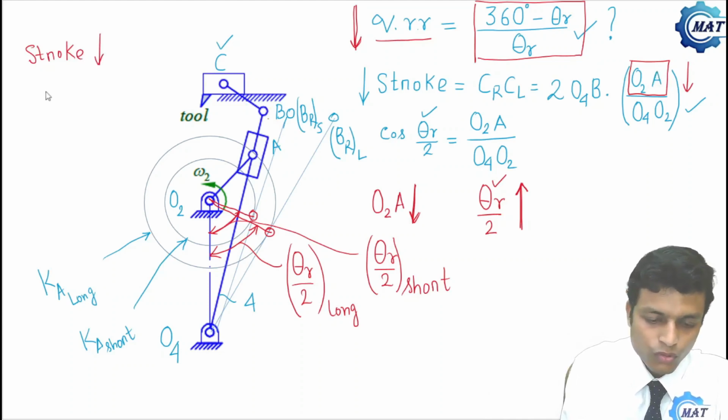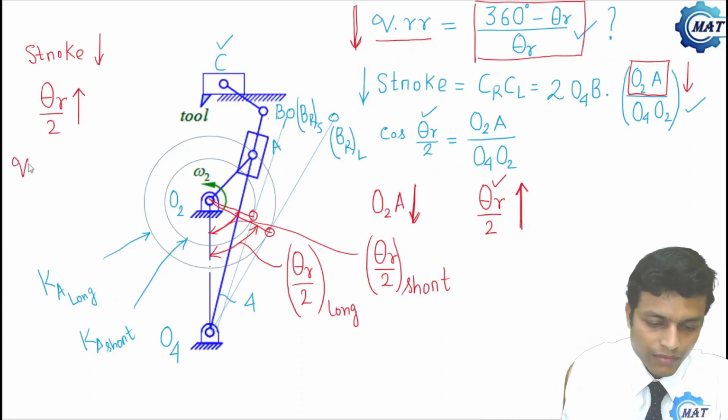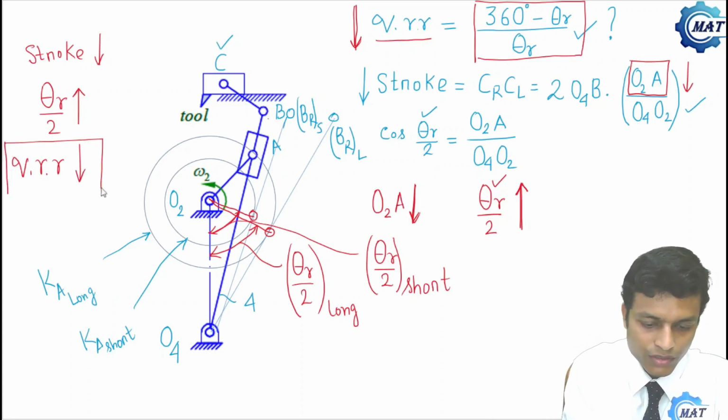If we reduce O2A, then the value of theta r by 2 increases. If theta r by 2 increases, then the value of QRR reduces, which is not desirable.